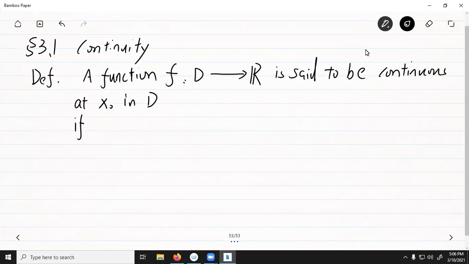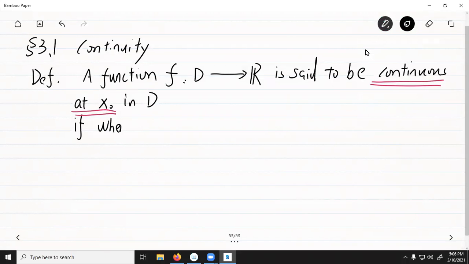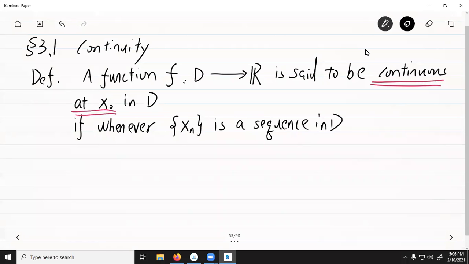if, so this I just highlight. The definition is said to be continuous at the point x0 if whenever you have a sequence xn in D that converges to x0.